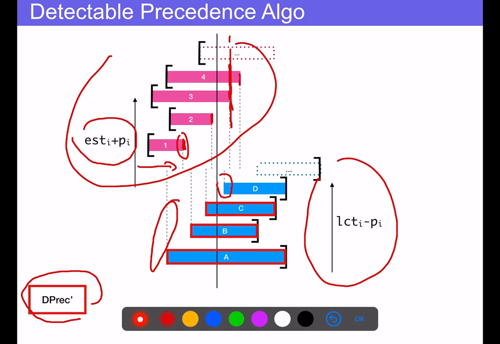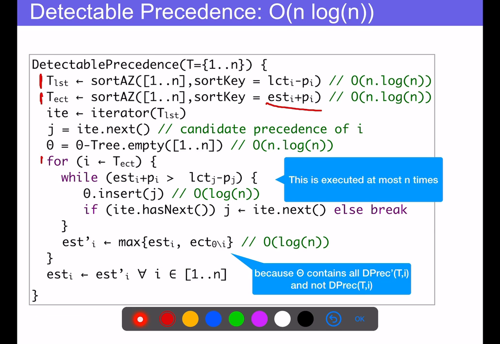And so in one part of the for loop here, I will consider this order, and then the second order. As long as I have something that is a detectable precedence, I will add it to the theta tree, and initially the theta tree is empty.